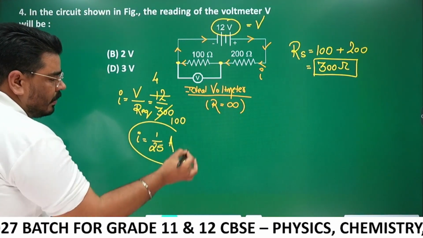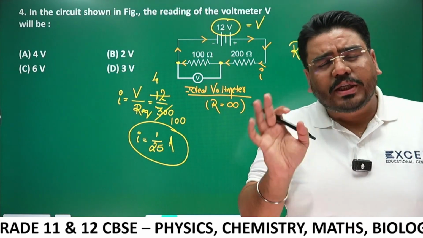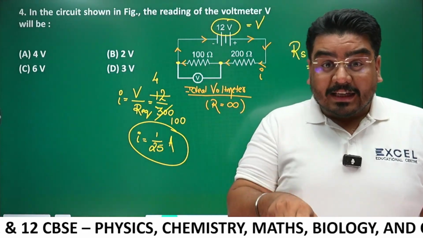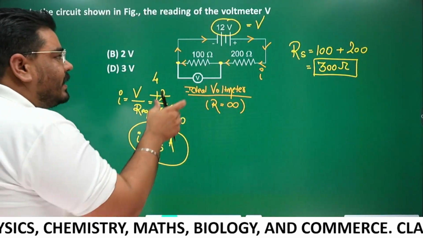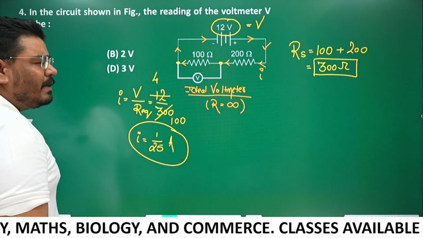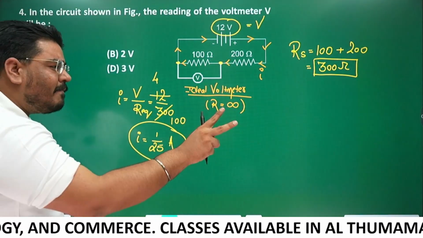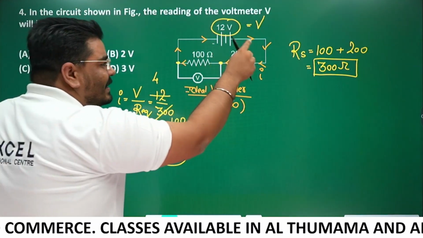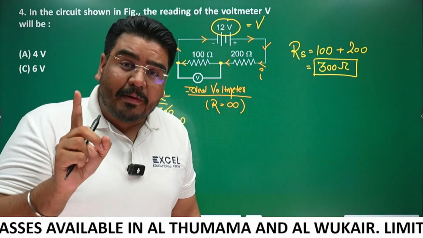ampere. But sir, are they asking me to find the current? No. The question is not about finding the current in the circuit or the current drawn from the battery. The question is, what is the voltage across this, my friend? Sir, voltage across this? Yes. Sir, someone told me that in series the current is the same, but the voltage is different. Sir, how can we find that out?